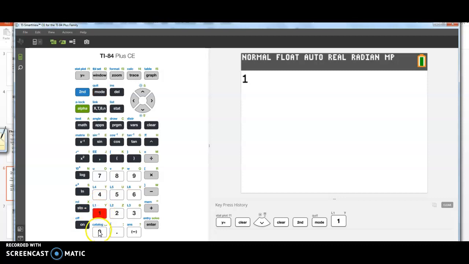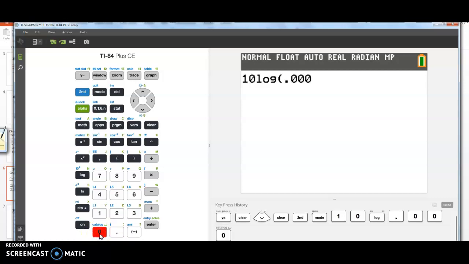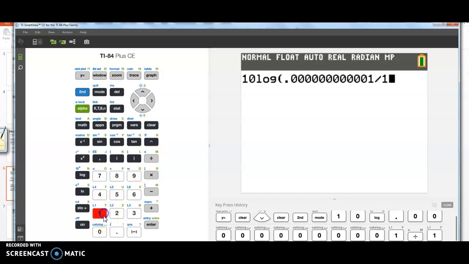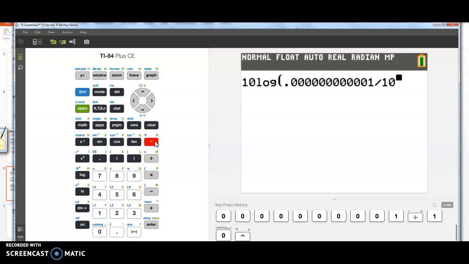So we have 10 times the log, and inside our parentheses we have the intensity, which was point, 11 zeros, and then we had a 1 divided by 10 to the negative 12 power. And let me back up there, delete, get out of my exponent spot and my parentheses, enter.